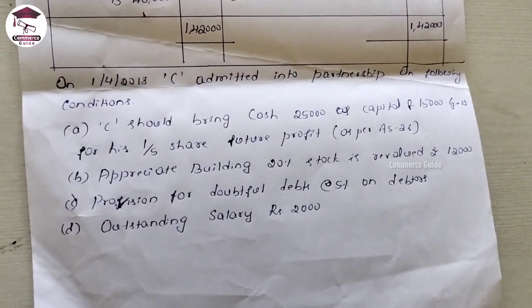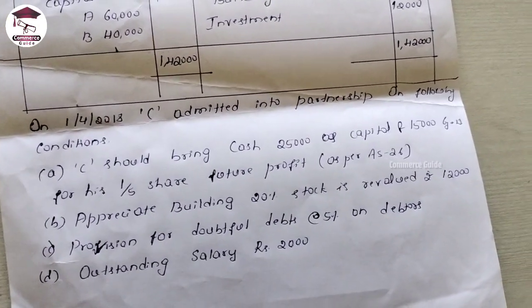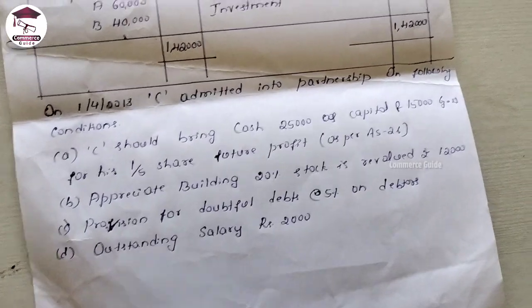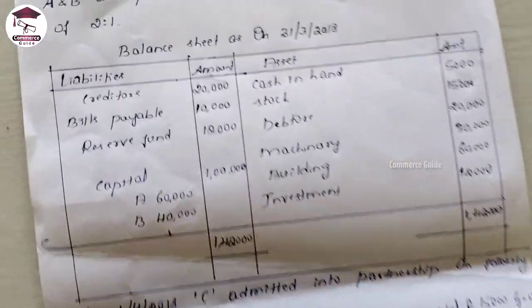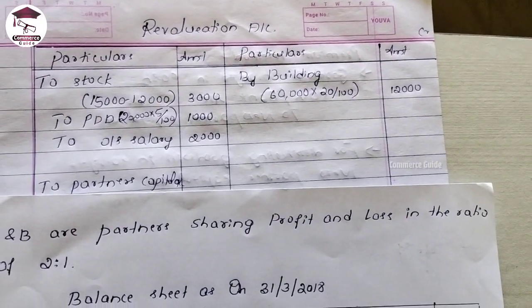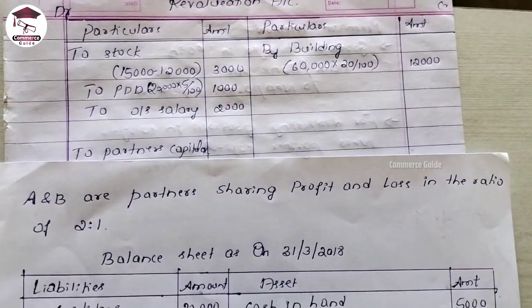The next adjustment is appreciate building by 20%. So the value of building is increased by 20%, and it will come under the credit side of the revaluation account, by building. So 60,000 into 20%, that is 12,000.